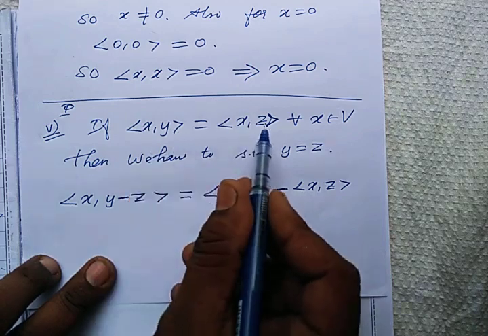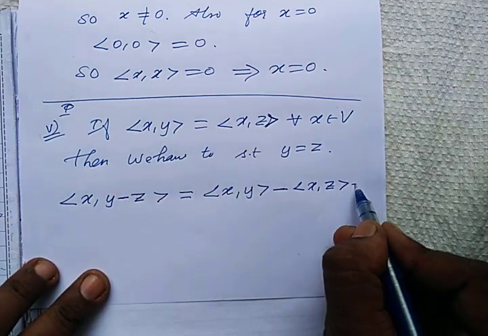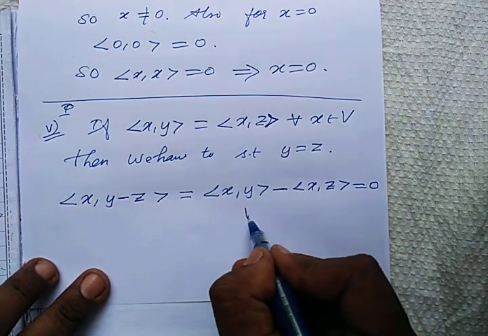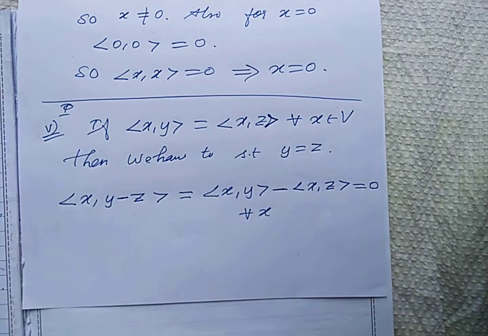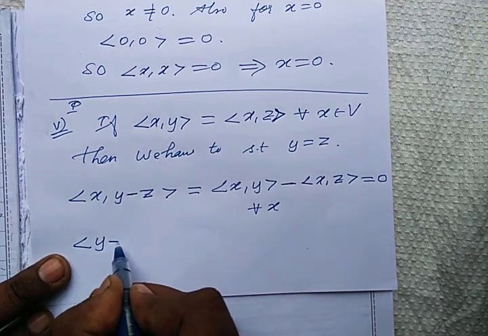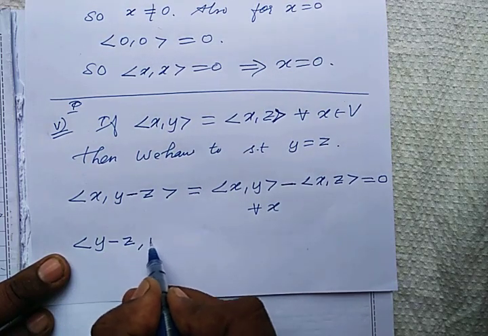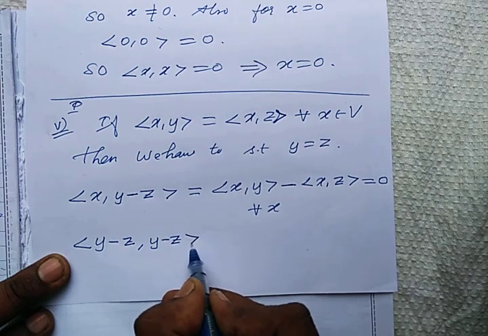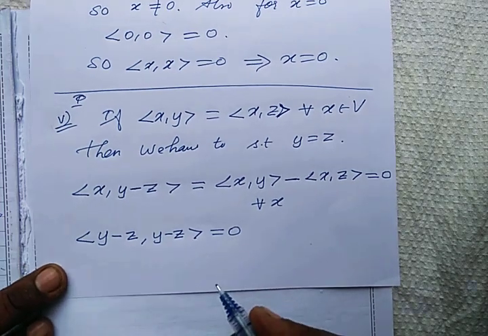But these two are always equal. So this is equal to 0 for all x. For all x it is 0. So instead of x, even if you take y minus z, this has to be 0 only.